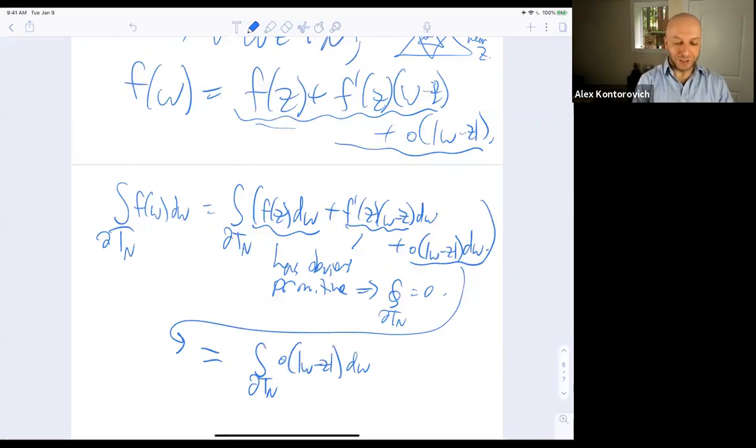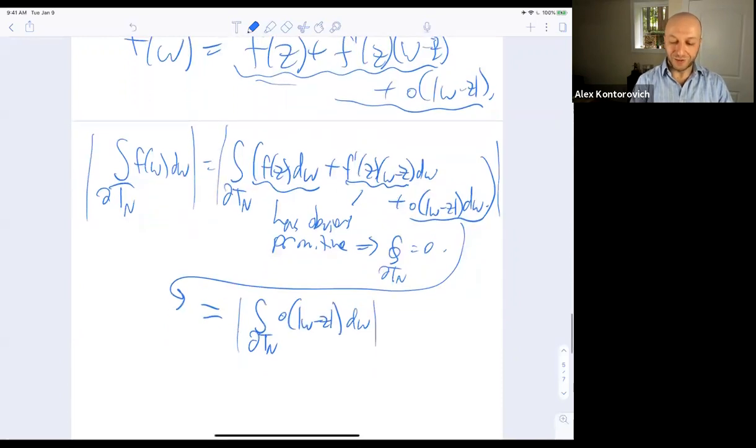Now let's take absolute values. To this we can apply a lemma we had: if you integrate a function over a curve, that's bounded by the supremum, just take the worst value of the function over the curve, times the length of the curve.